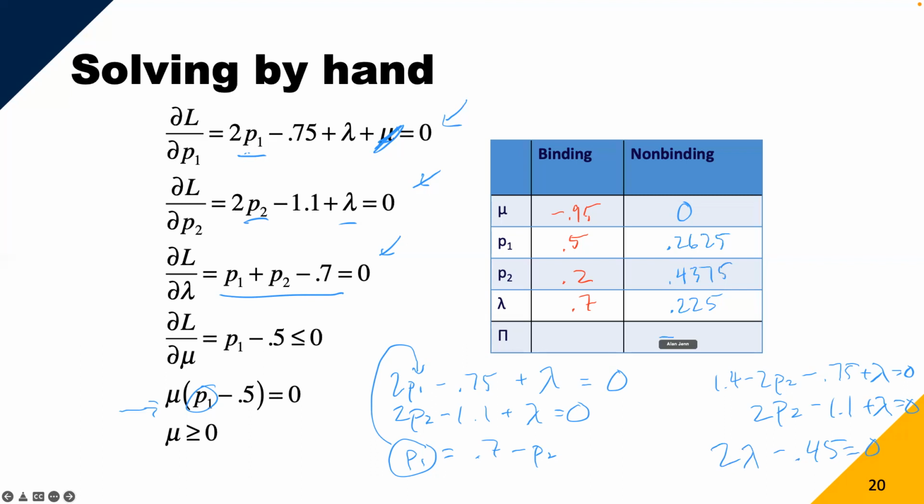In this case, this would be like negative 0.1928. So this value you're going to find is more negative than this value. And so the non-binding one has lower profit and therefore is the correct answer.